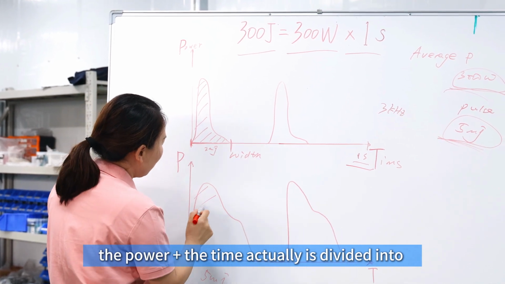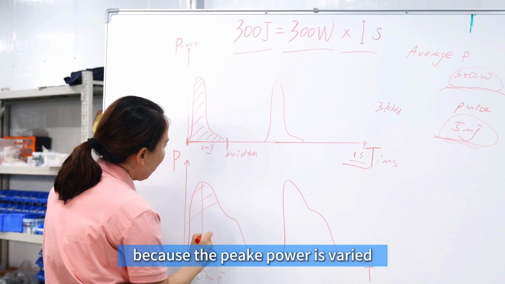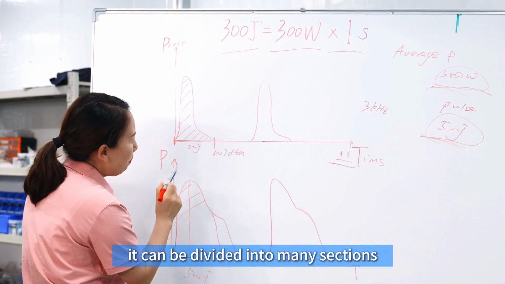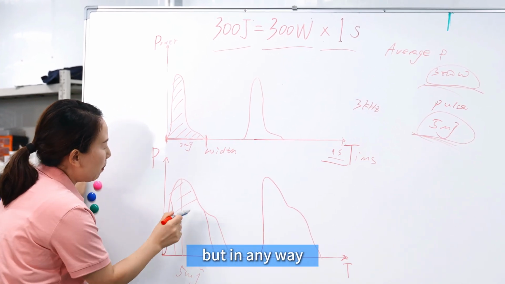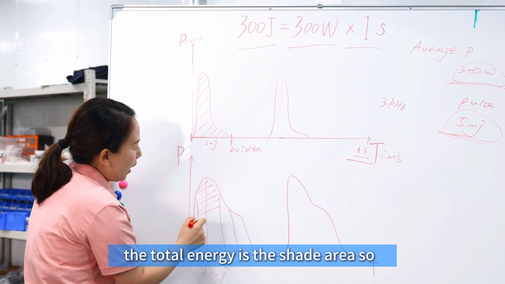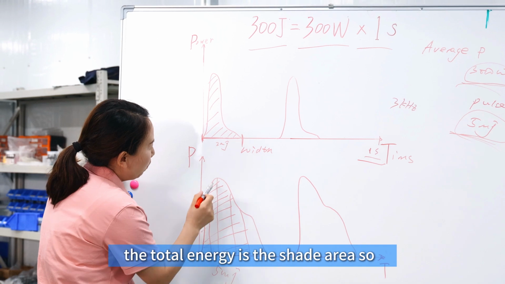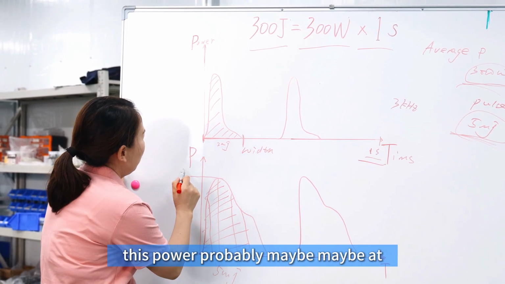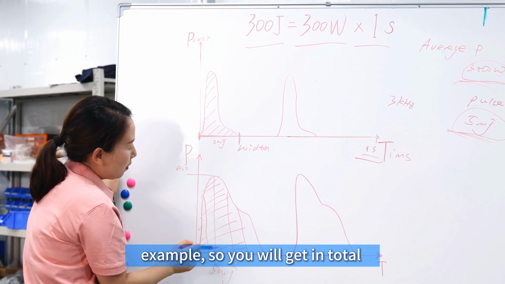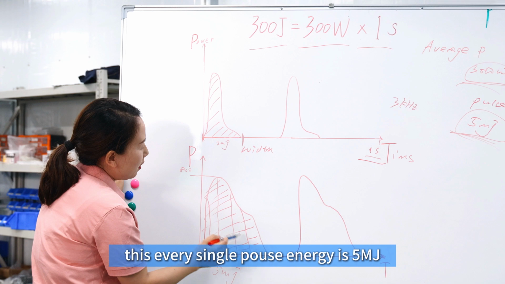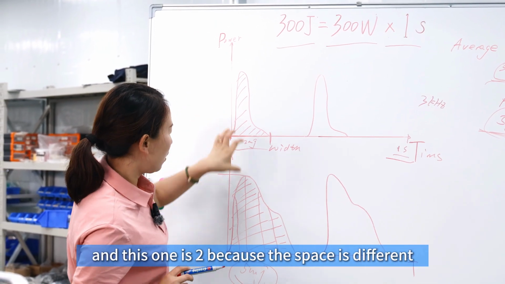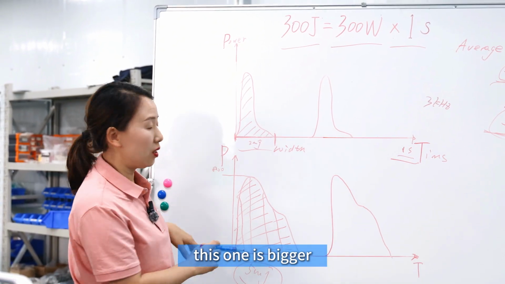Actually, because the peak power varies, it can be divided into many sections, but in any case, the total energy is the shaded area. So this power maybe 800, something like that, I don't know, just an example. So every single pulse energy is in total 5 millijoule, and this one is 2, because the area is different. This one is bigger.